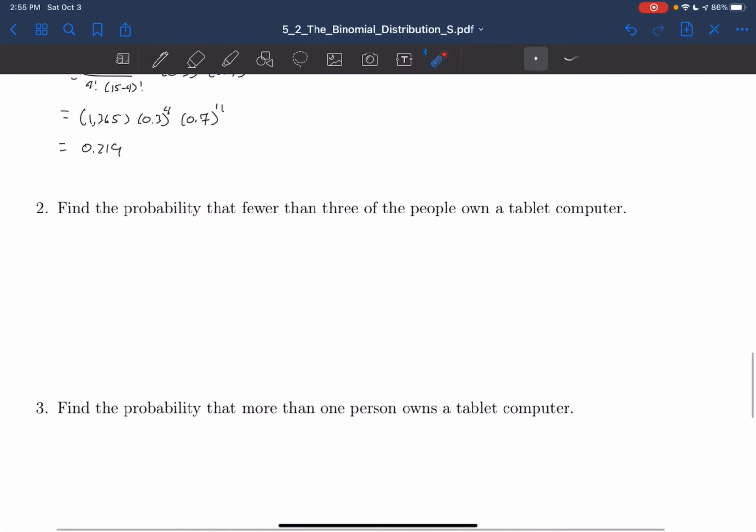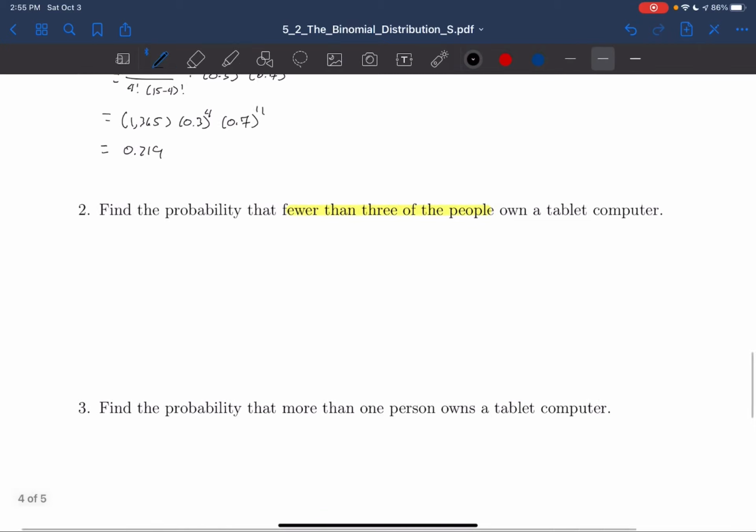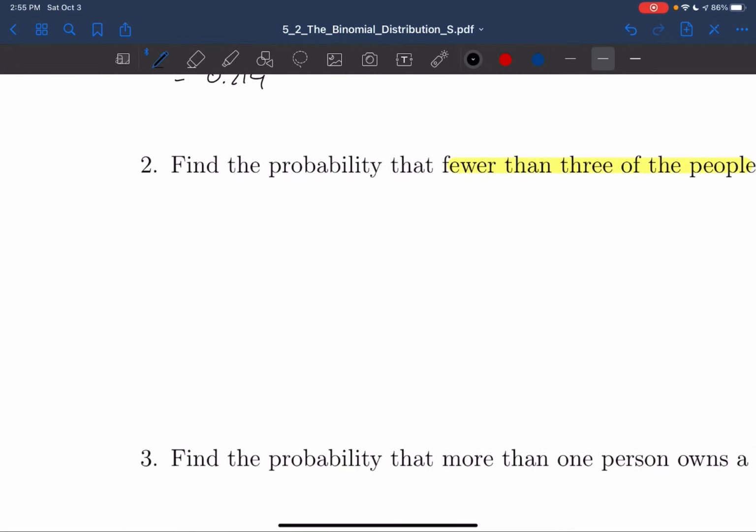Okay, how about number 2? Find the probability that fewer than 3 of the people own some sort of tablet. Fewer than 3, huh? What does fewer than 3 mean? Well, then this is just 0, 1, and 2. Since it's saying fewer than 3, 3 is not included.